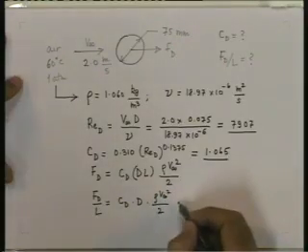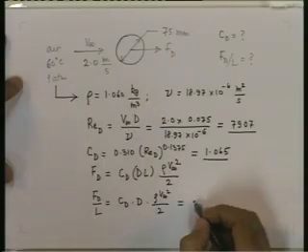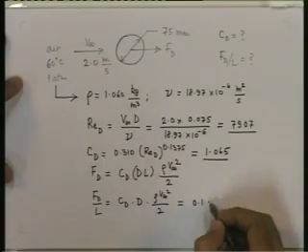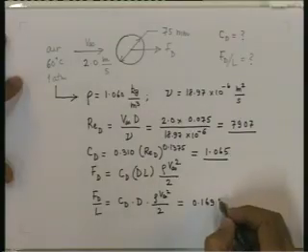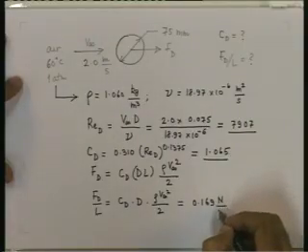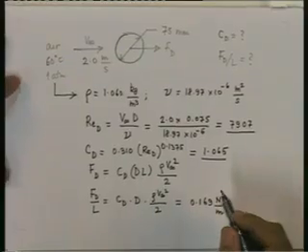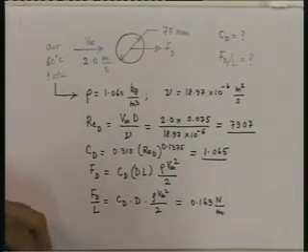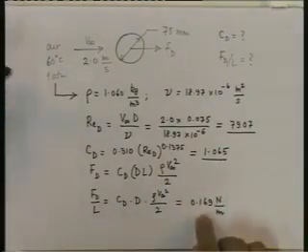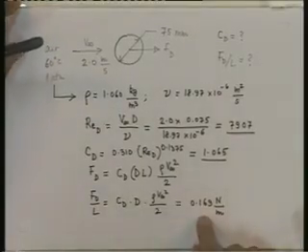And if you substitute these numbers, you will get this to be 0.169 Newton per meter. So if it's a 10 meter long cable, this will be about 1.7 newtons.